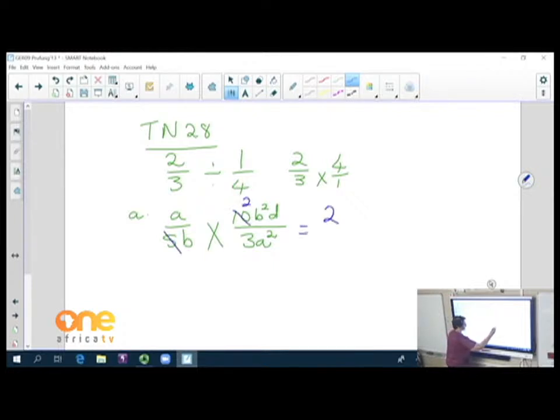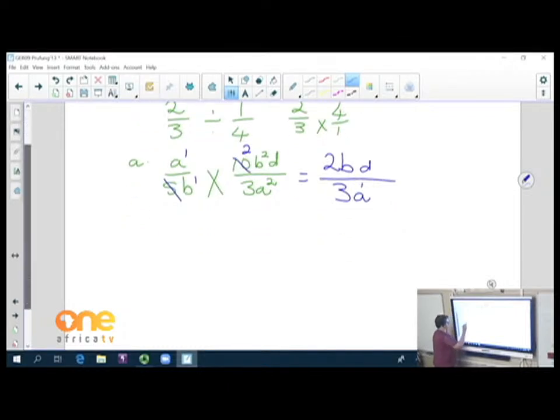So the number is then a 2. And this 3 remains there. You subtract your indices. The biggest A is at the bottom, so 2 minus 1 is 1. Then here's the B. 2 minus 1 is B. And then the D will remain there.